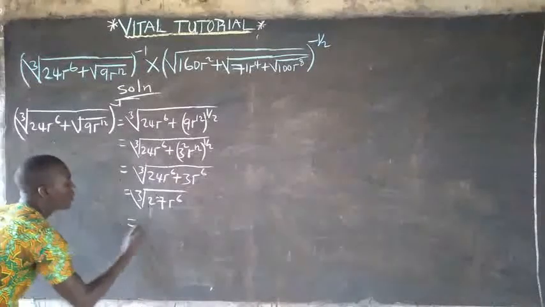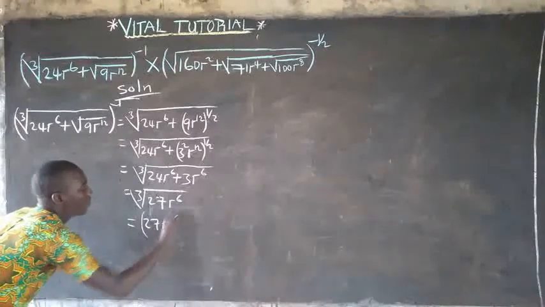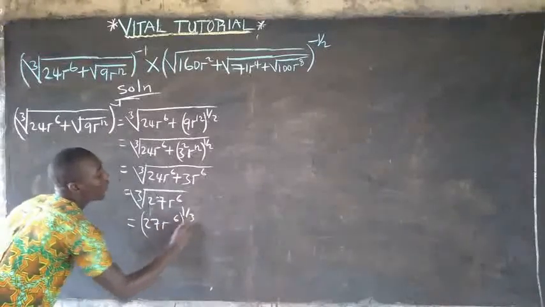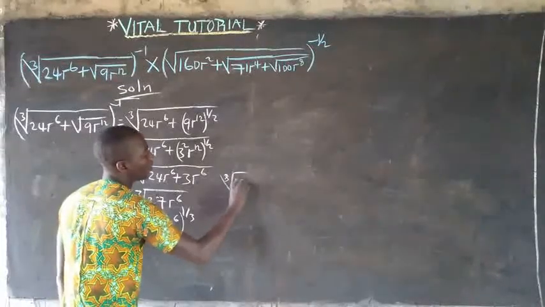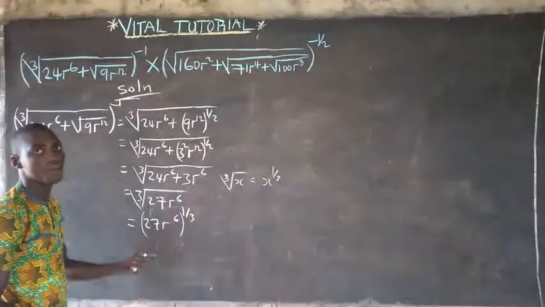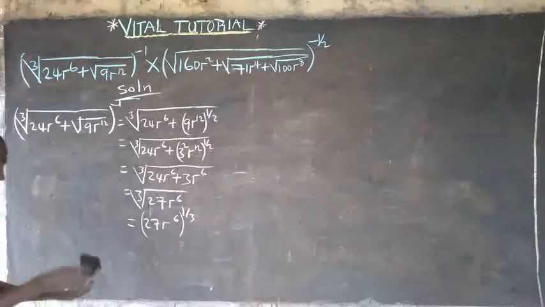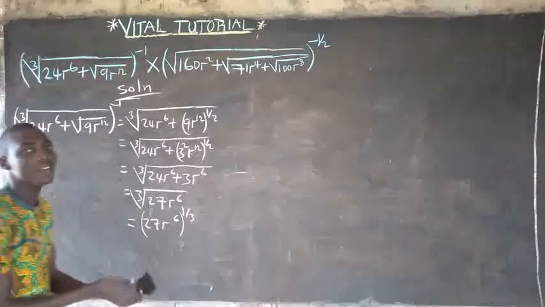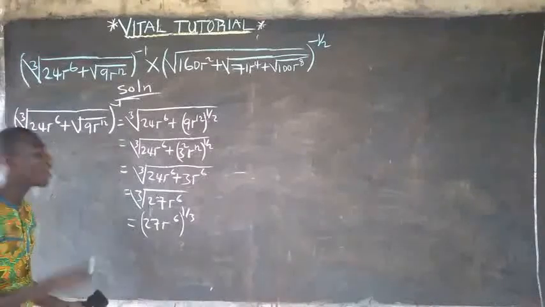So which is the same thing as you having 27r to the power of 6 raised to the power of 1 over 3. When you have the cube root of s, it is the same thing as s raised to the power of 1 over 3. I hope you are following. And as you can see here, 27 can also be written as 3 raised to the power of 3.